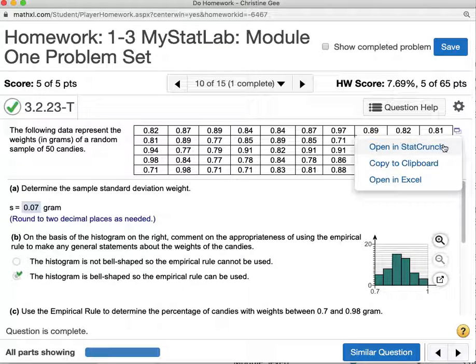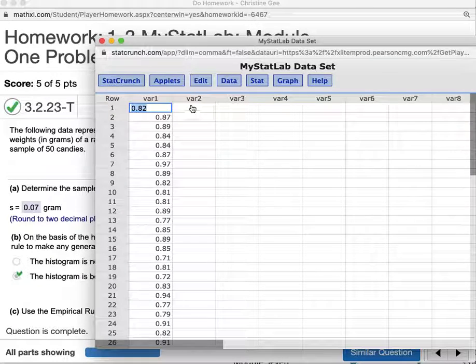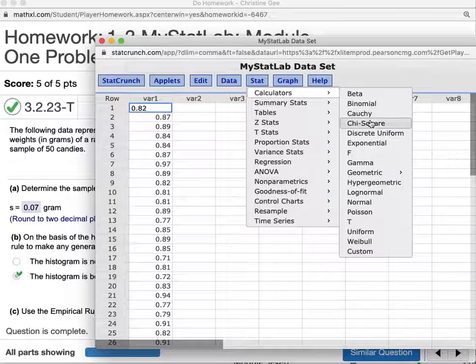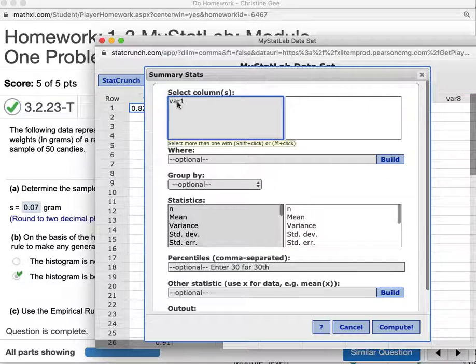So we just click here and then open in StatCrunch. And then here are all the different weights, in grams. So here what we can do is go into calculate, then summary stats, then columns, and choose the variable.